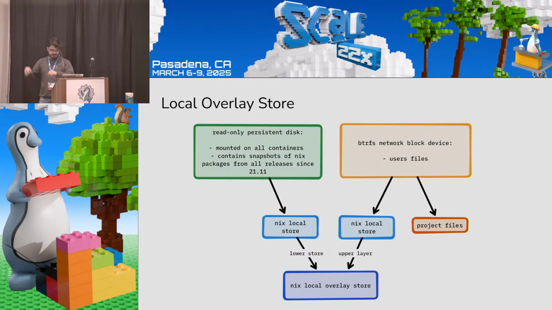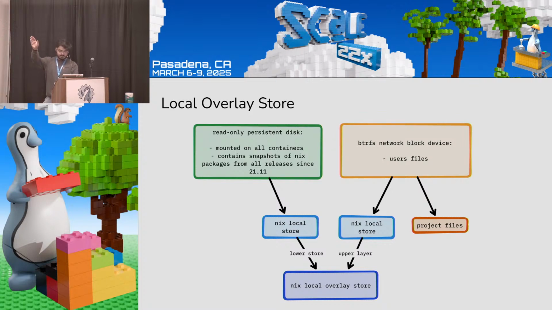So we have this persistent local Nix store disk. It has a snapshot of pretty much all open source packages from cache.nixos.org for every single NixOS release. So this giant disk gets mounted into our users' Docker containers.